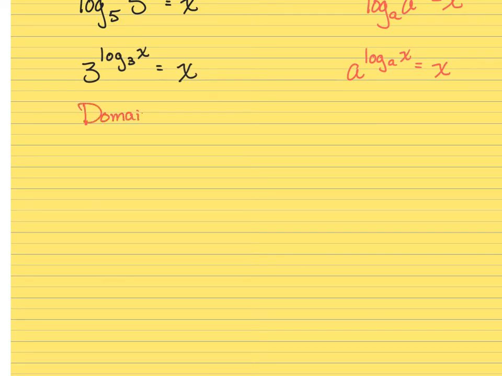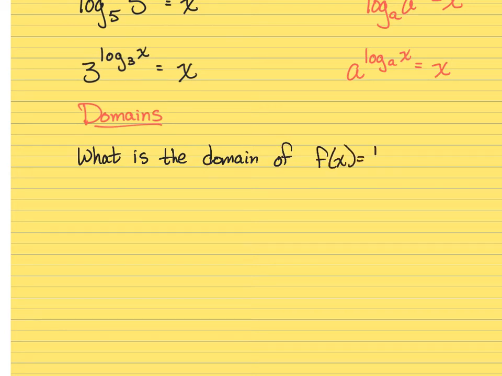All right, let's talk for a moment about domains. We've introduced how to work with these functions. Let's talk about domains. And if you remember what a domain is, it's the values that you can plug in to a function. So what is the domain of a logarithmic function? Say f of x equals log base 2 of x. Well, the answer is quite simple.